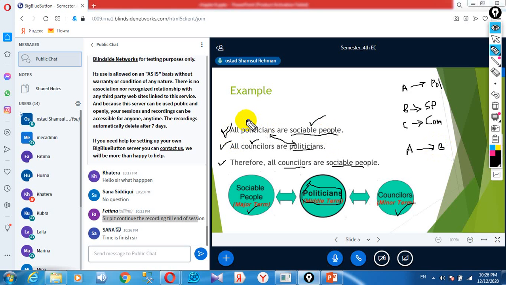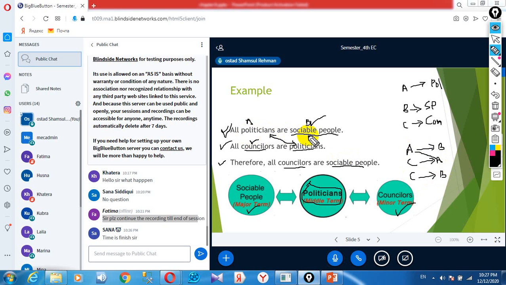So this is A and this is B. Next, C is A. Counselor is the minor term, that is C. C is equal to A. So in the conclusion we are taking C is B. Look at this: A is equal to B, C is equal to A, so C is also equal to B. The middle term A is politician.